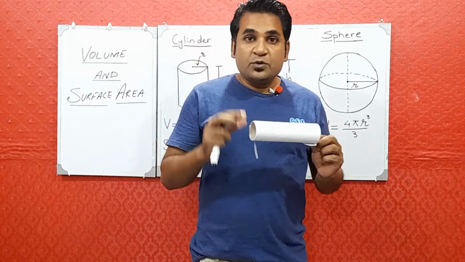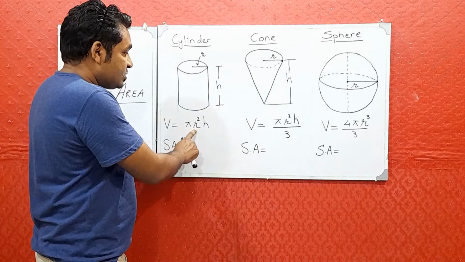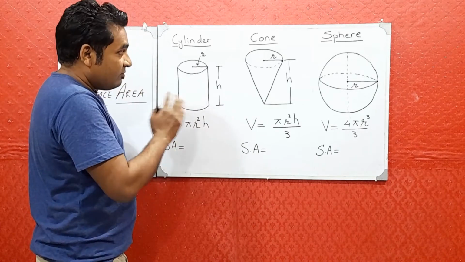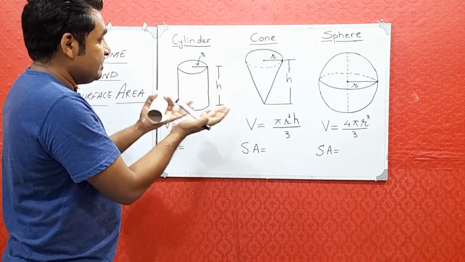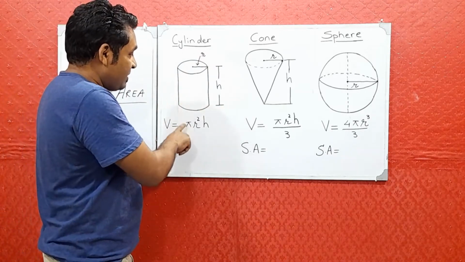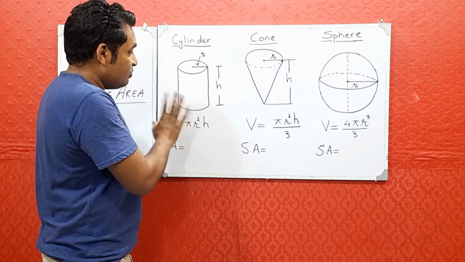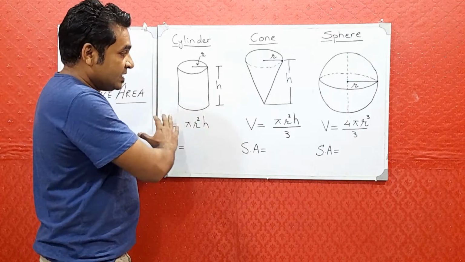The formula to find the volume of a cylinder is pi r square h. Now why have I chosen these three shapes? Because these are all round in one way or the other, so pi and radius r will definitely be involved.